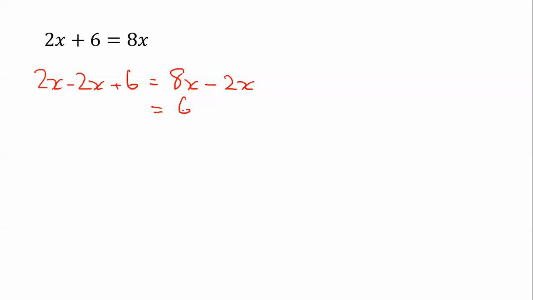So as you can see, I've got 6x left on this side, and my 2x and minus 2x cancel each other out. 6 equals 6x. So x equals 1, and I'm going to turn it around so that I have x first. These are simple ones, that's why they're always ending up as 1, but they could be any number.